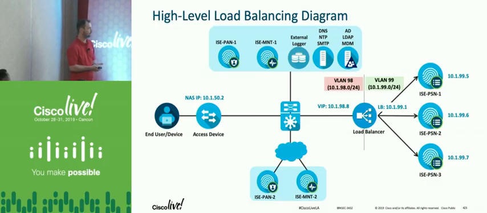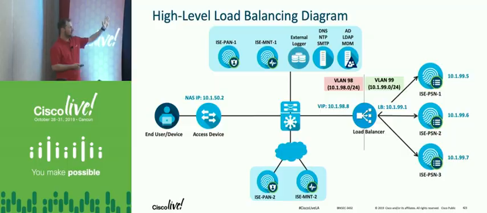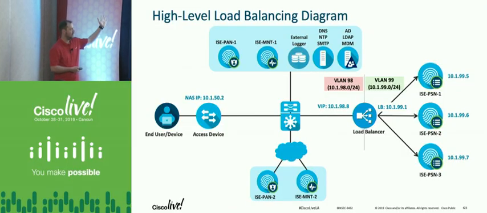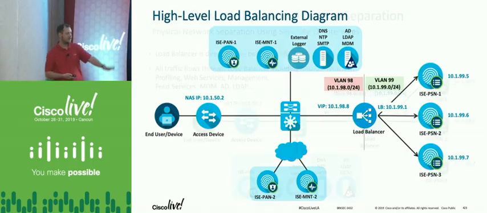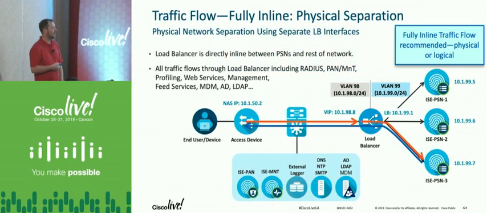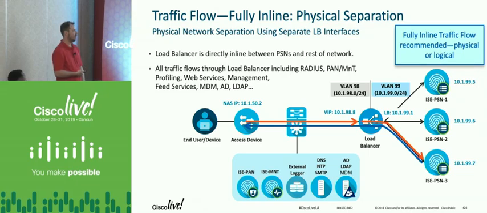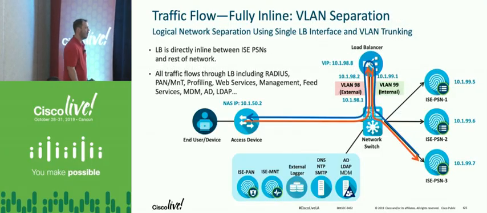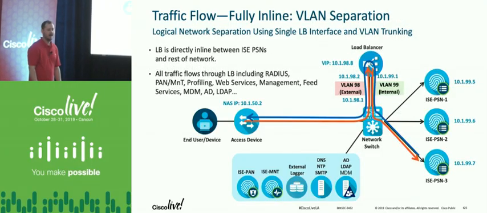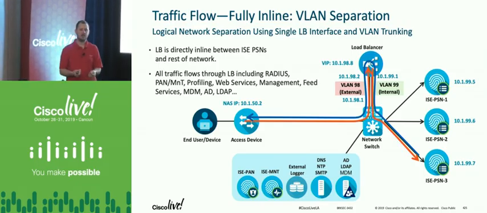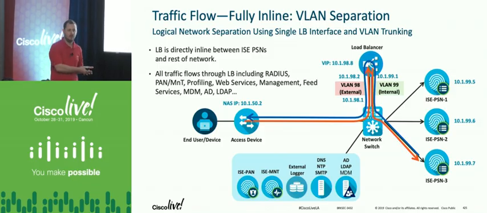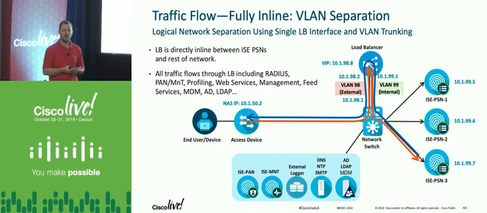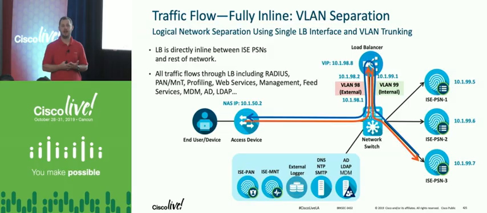Now, at a high level, typically this is deployed where I've got a VIP on the outside, I've got my PSNs on the inside, and when we look at how we want to do this, it can be physically separated or it can be logically separated. There are a few other options in here. Typically, the customers that are deploying this either have load balancers on site, or there are options and examples on Cisco's website for some of the tools that are native within the network architecture.